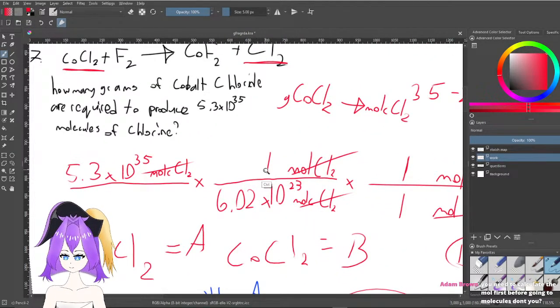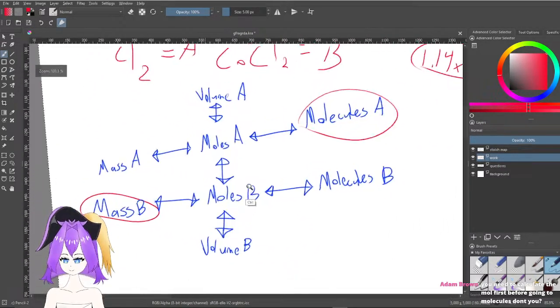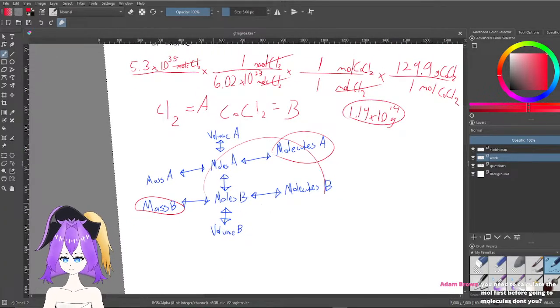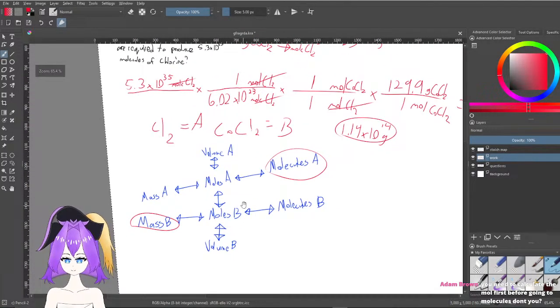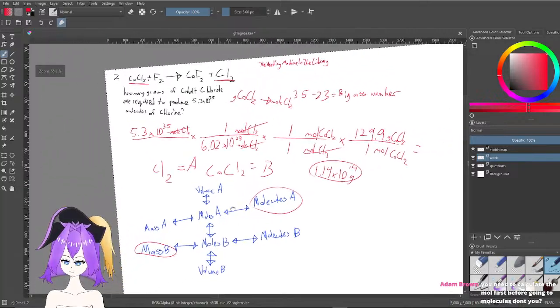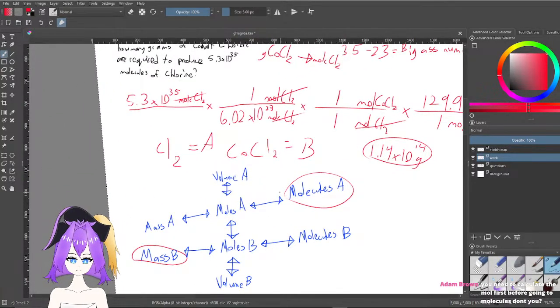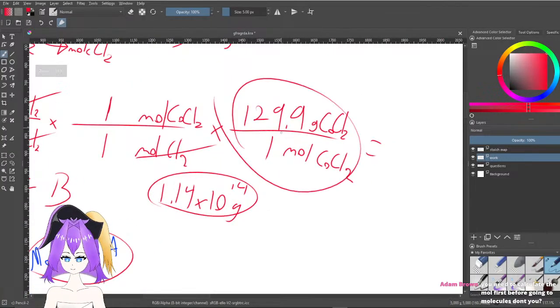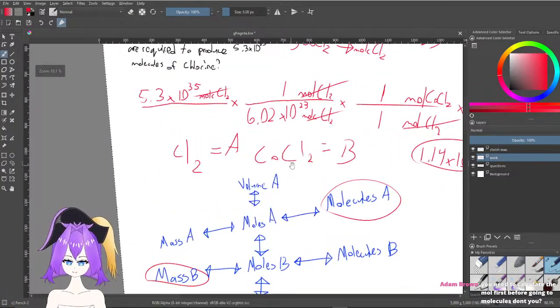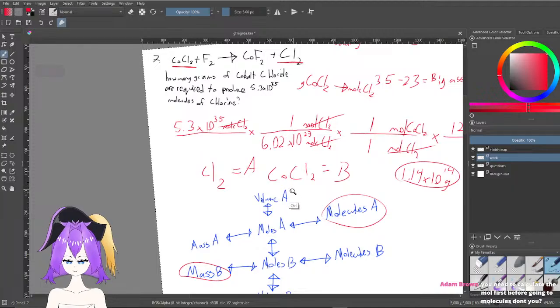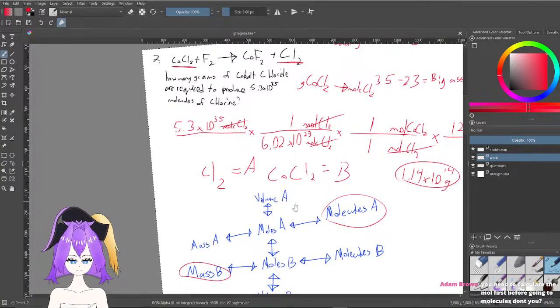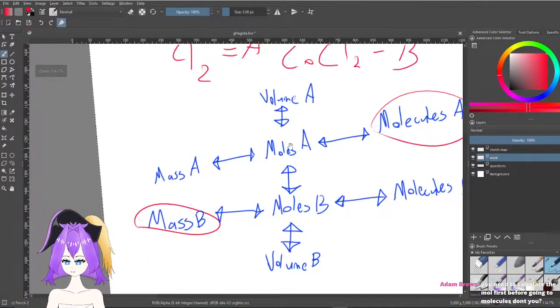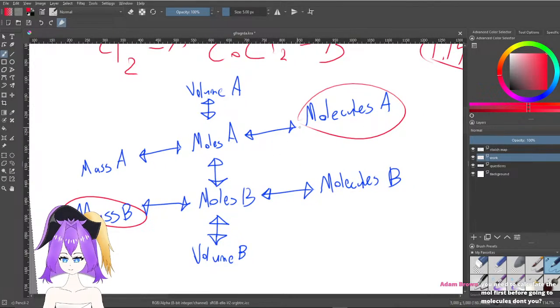This is the sort of math my teacher gave me, I guess. I do have the molar mass of cobalt chloride right here, which is 129.9. I don't think we need the molar mass of chlorine because we're going from molecules to moles, right? Molecules to moles. Hold on.